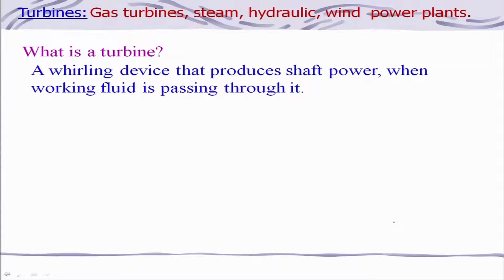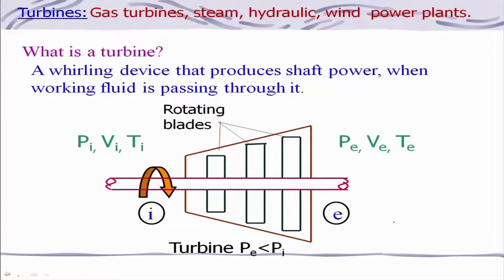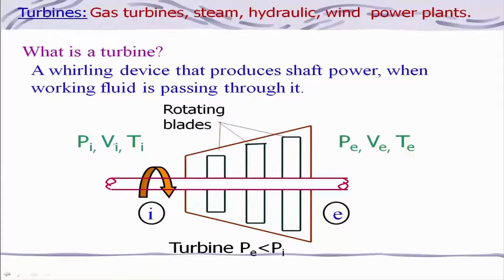As I told you, a turbine will have several rotating blades and stationary blades, and it should be designed properly so that you can extract the work from the fluid, which will enter with P I, V I and T I and leave with P E, V E and T E. Then that power has to be transferred to the shaft, and then you can utilize that mechanical power. Basically, thermal power is converted into mechanical power here.